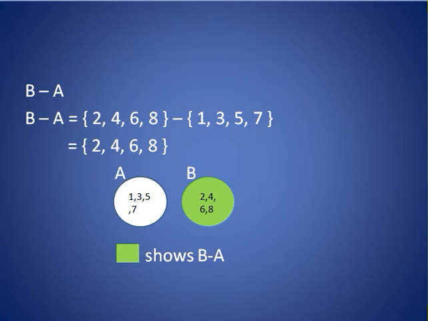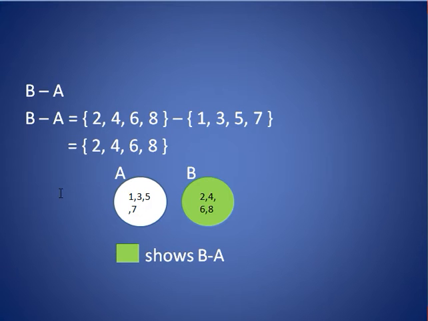B difference A. First set B, then difference, then set A. All the members of set B which are not present in set A are the answer. So all members of set B are not present in set A, so our answer is all the elements 2, 4, 6, 8.